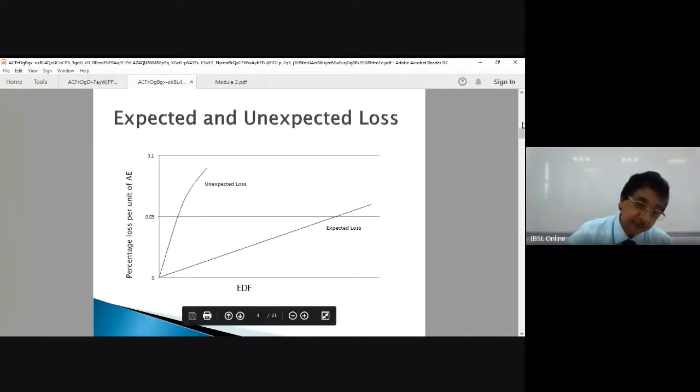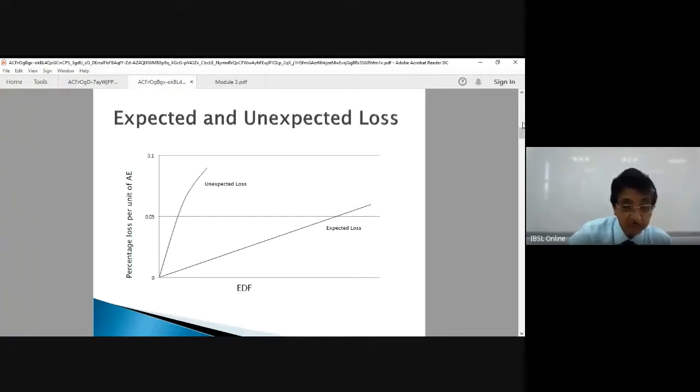Then we need to quantify these things at a portfolio level. Last time we discussed portfolios also, and we went through a formula where you can get the portfolio probability of default. That is an important formula.